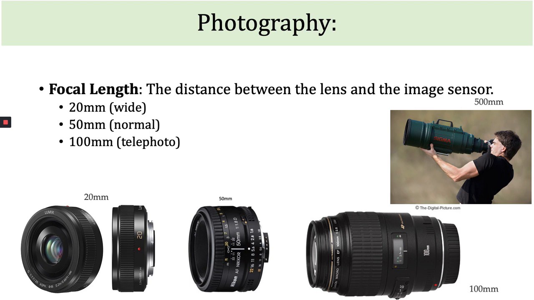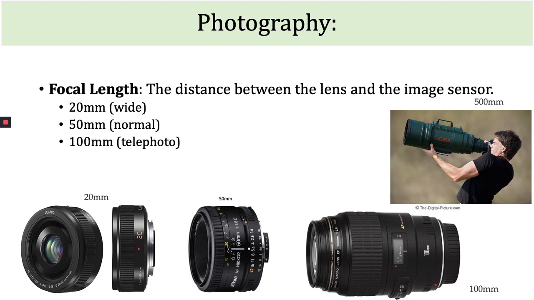One way to think about this is if you take your finger and your thumb and create a circle, the closer you put that circle to your eye, the wider the area you can see, and the further away you bring it, the less you can see. It's a similar idea to the difference between a wide and a telephoto.